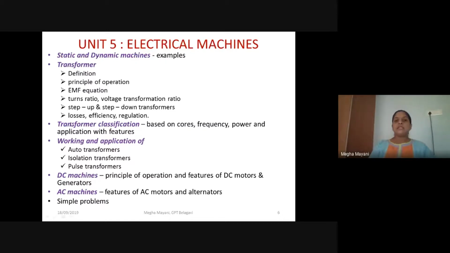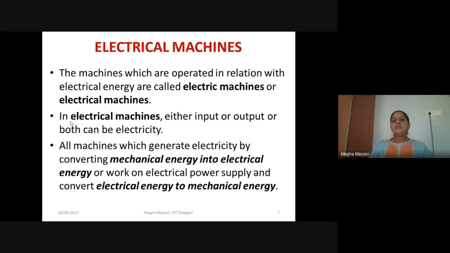So let us begin with the basic definition of what is an electrical machine. These electrical machines are nothing but machines associated with electricity at both input and output, or it can be only at the input side or output side. Hence, we can define these machines, which are electrical or can be called electric machines, as operated in relation with electrical energy.